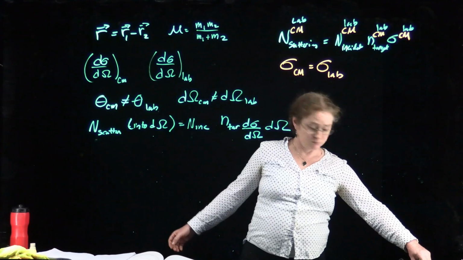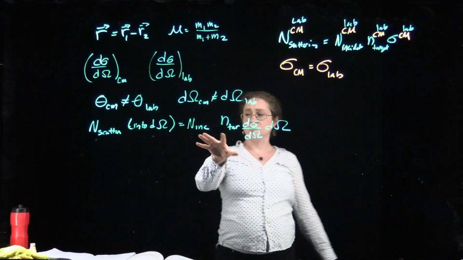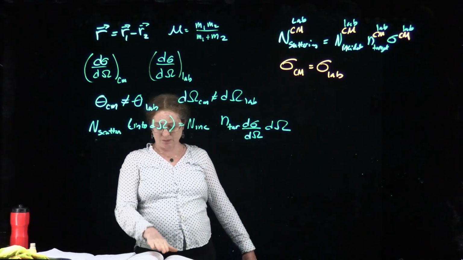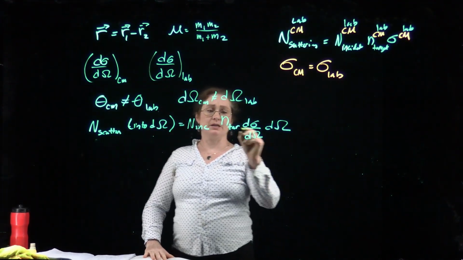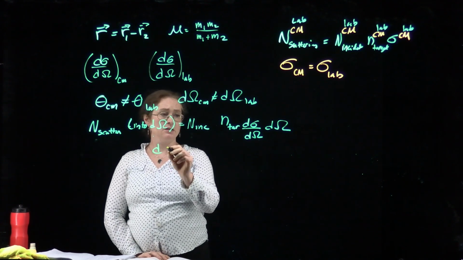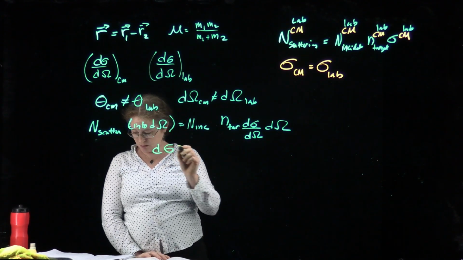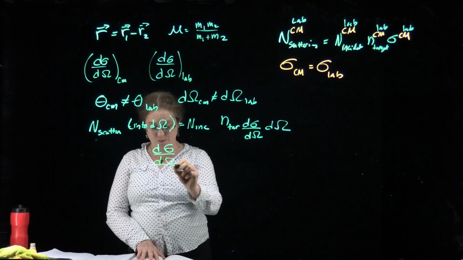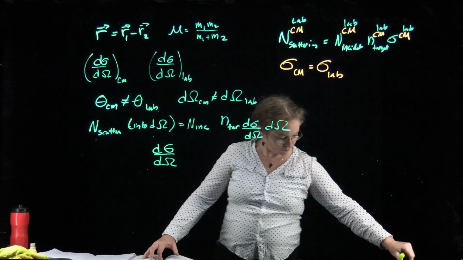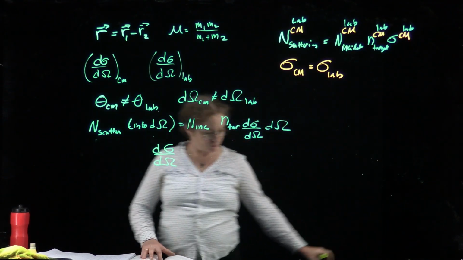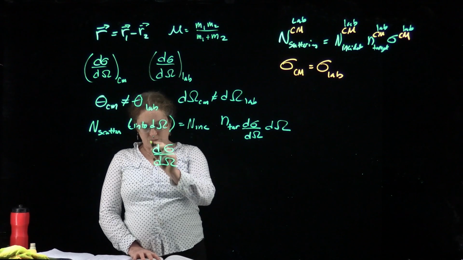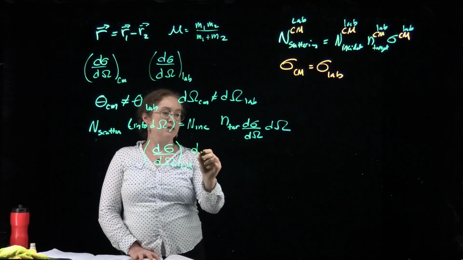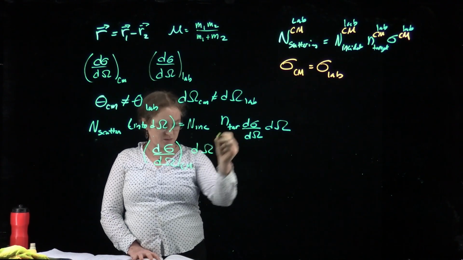So the total number scattered into a given solid angle has to be the same. So I can write that n times d sigma d omega times d omega in the center of mass has to equal the same in the lab.